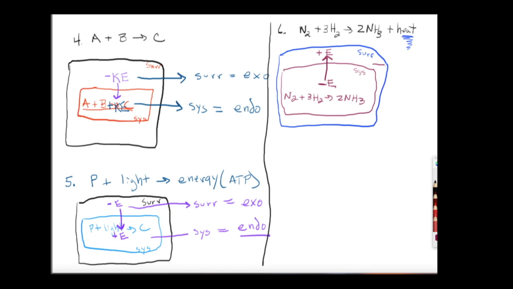The temperature is going to rise. Actually, let me just put that in here. Temperature rises. And the only way that can happen is that you have energy that's leaving the system and it's going into the surroundings. So this reaction is exo. The reaction is exo.